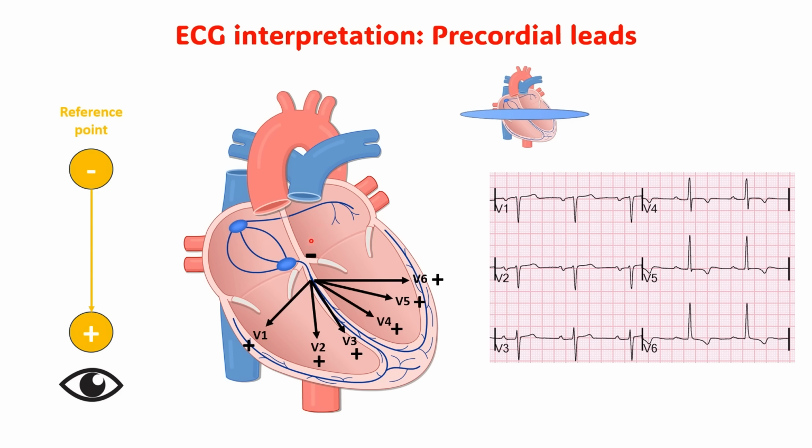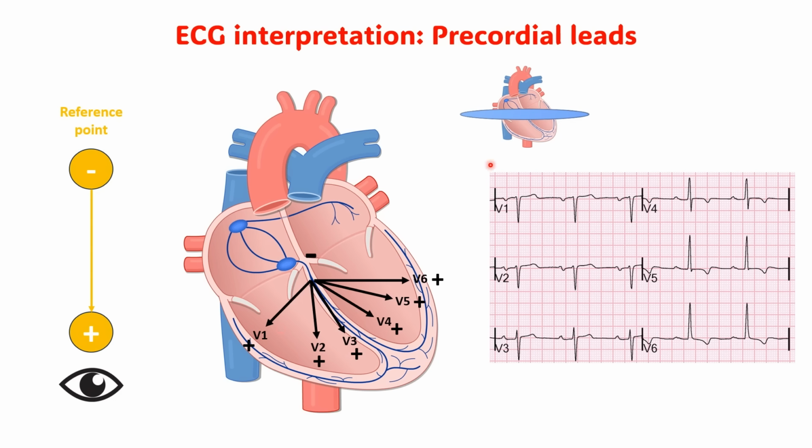Remember we had the electrode on the right arm, which would be up here, the electrode on the left arm, and the electrode on the left leg, remembering that the electrode on the right leg is the ground. So the negative pole is an average of the inputs from these three electrodes.